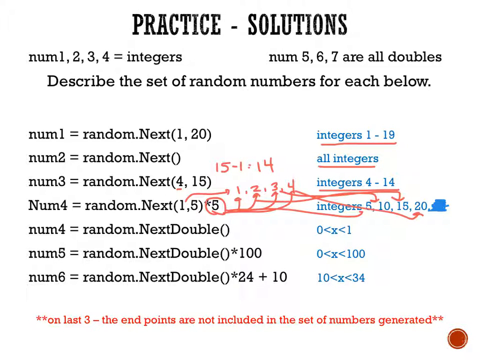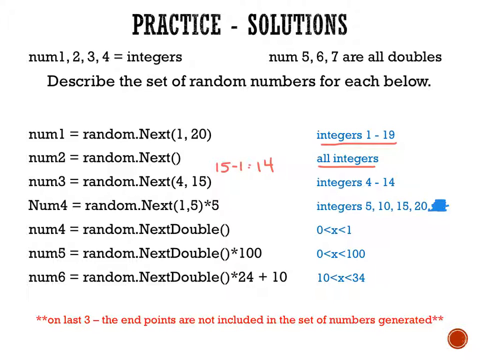So really what's happening is in this set of numbers, we are only generating the values 5, 10, 15, and 20. So essentially with these, you figure out what numbers am I generating here? Well, that's 1, 2, 3, or 4. And then you multiply each of those by 5 because that 5 is outside of the parentheses there with the method. Then if you look down at number 4, or excuse me, this should be 5, 6, and 7.